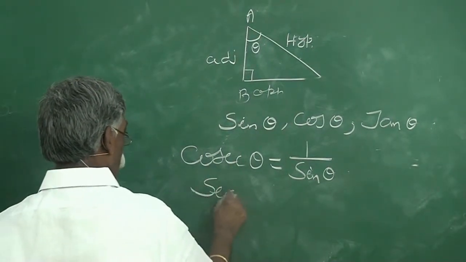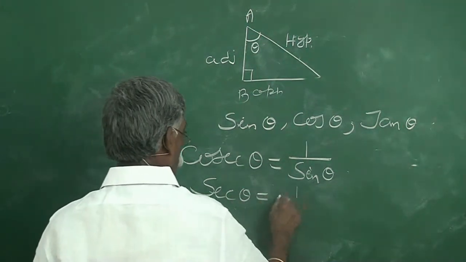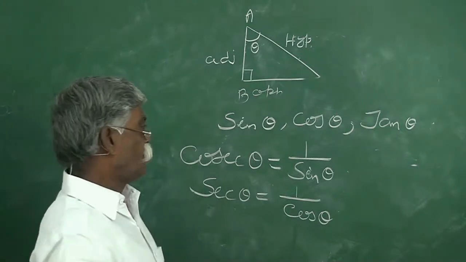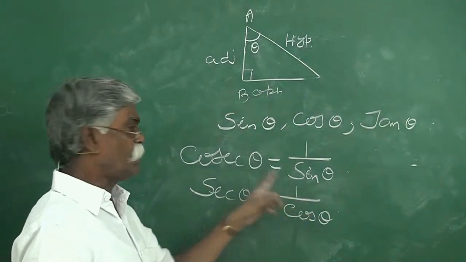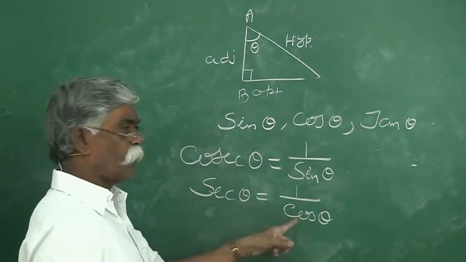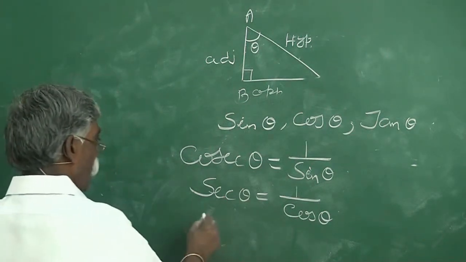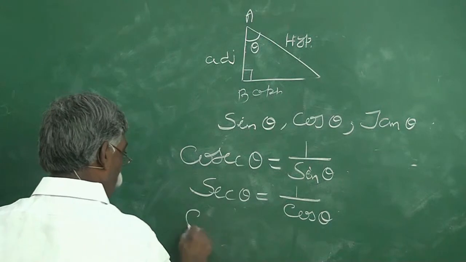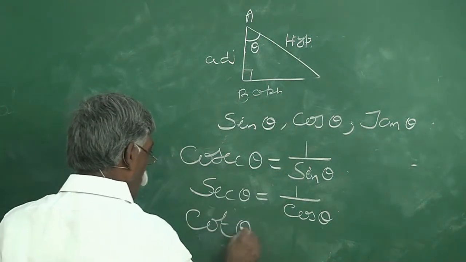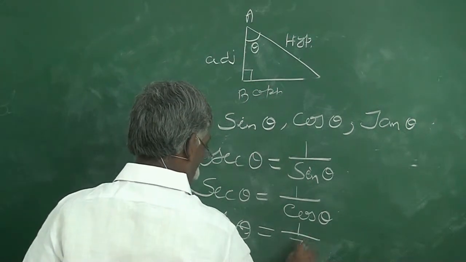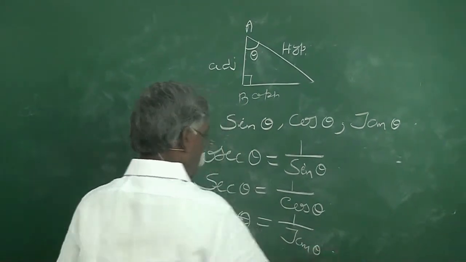Like that, secant theta is the reciprocal of cos theta, that is 1 by cos theta. And the reciprocal of tan theta is called cotangent or cot theta. This is nothing but 1 by tan theta.